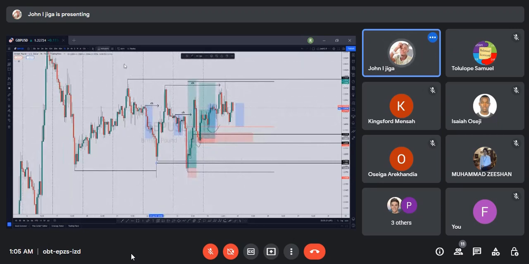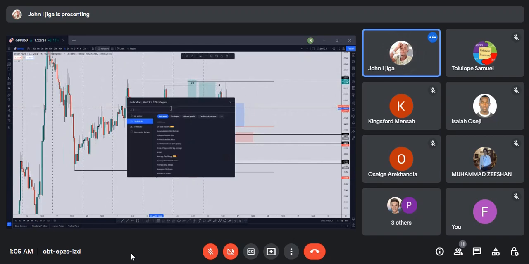And if I was to use ICT kill zone, let me look for an indicator, which would be, let's say, kill zone. I don't know which is good enough to use, but let's see this one.